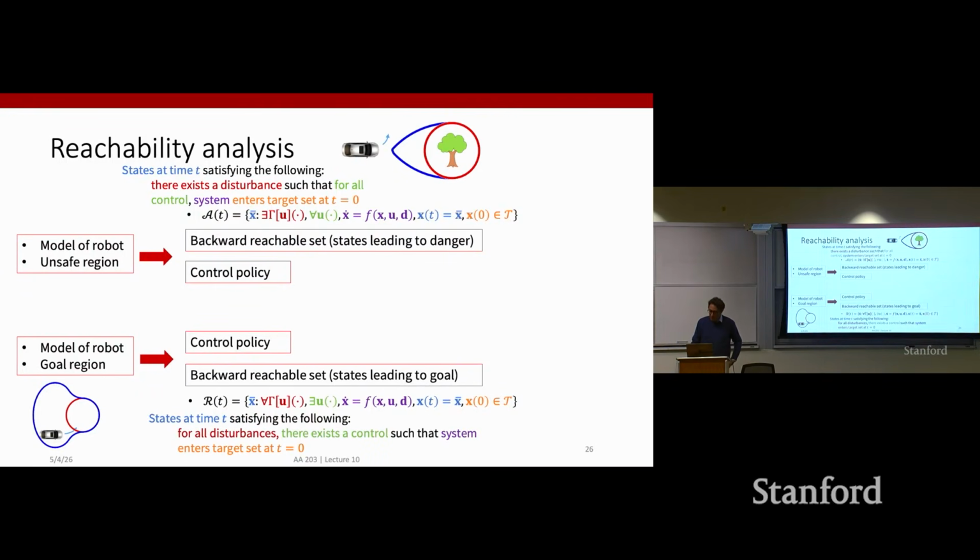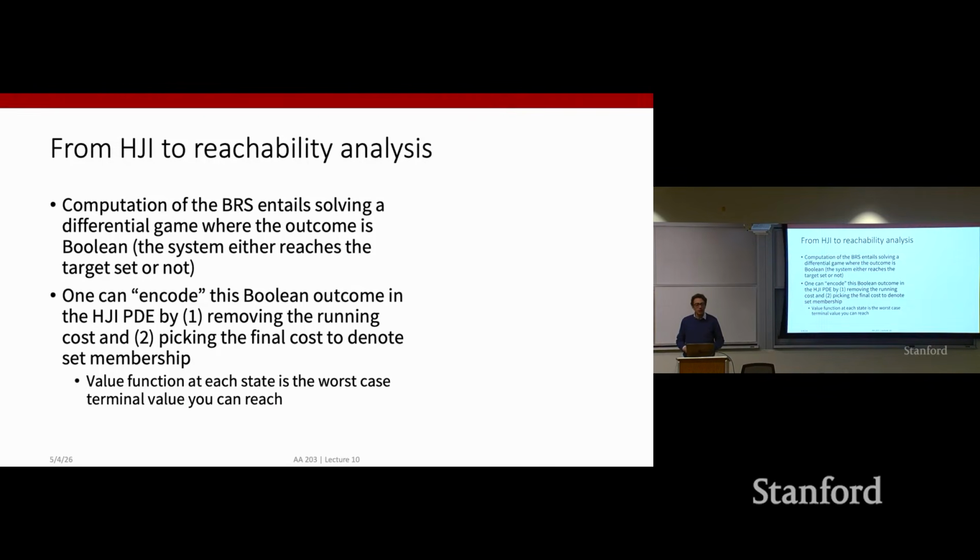Now the question is, how do we compute these sets? You can use the Hamilton-Jacobi-Isaacs equation to compute these sets in a very procedural way. Specifically, as we will see, the computation of the backward reachable sets, both in the avoidance case and the reach case, entails solving a differential game where the outcome is Boolean. What does a differential game mean?